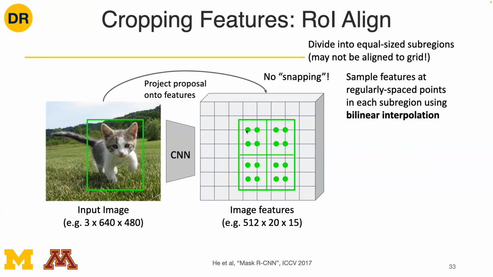And then it's going to interpolate, for every one of these samples within this window, what the corresponding feature vector would be on average for each of these points, based on the grid of feature vectors that are around these points.